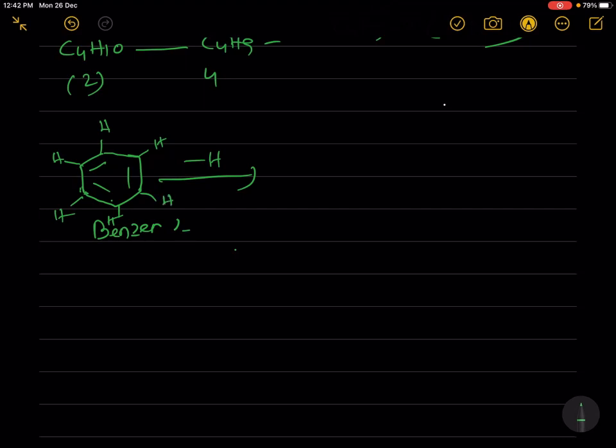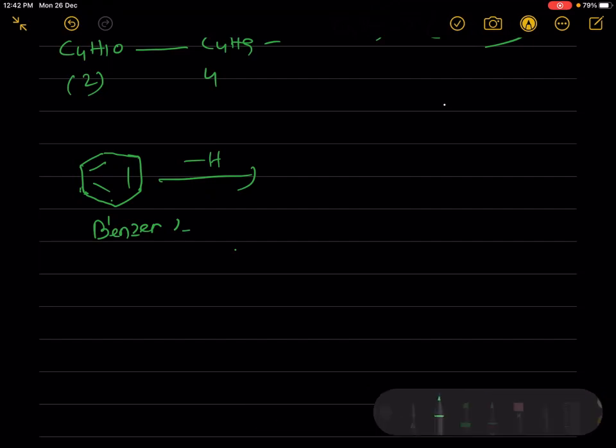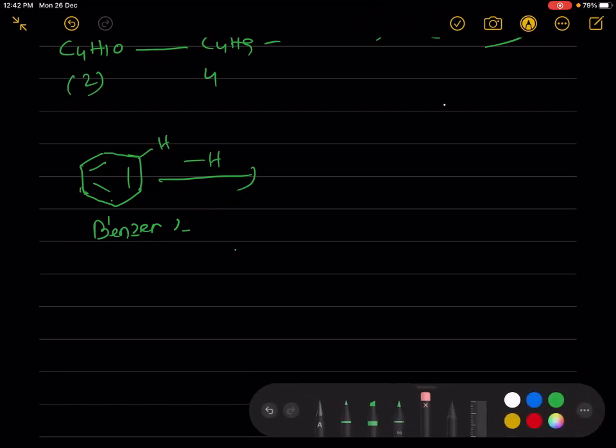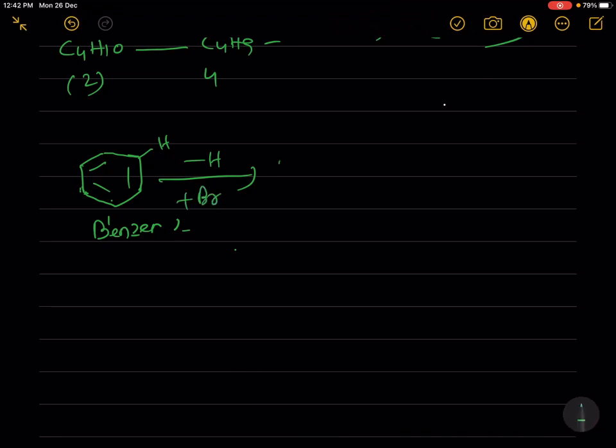So you can remove a single hydrogen atom, or you can substitute that hydrogen atom by a bromine atom. Then you will be getting the structure like this.